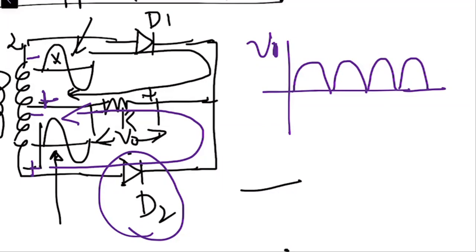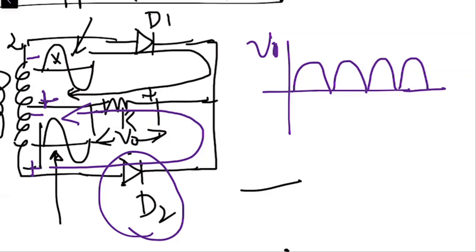And the point is that both the bridge rectifier circuit and the center tap rectifier circuit provide full wave rectification, means it provides the rectification in the positive half cycle as well as in the negative half cycle. Due to this, the average value is the same as what we showed in case of the bridge rectifier circuit.